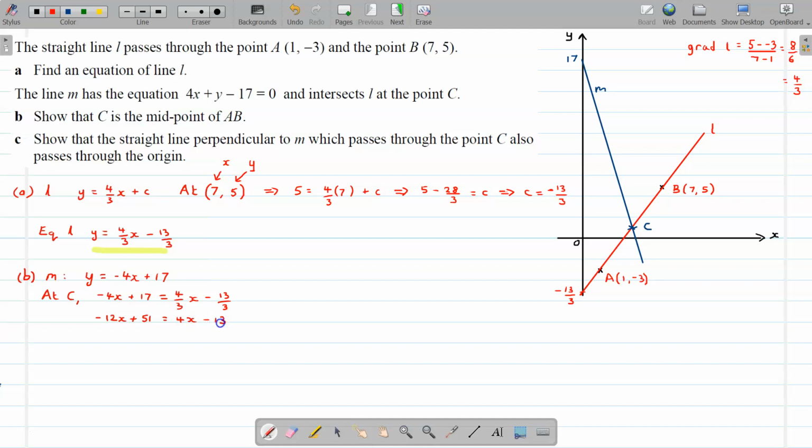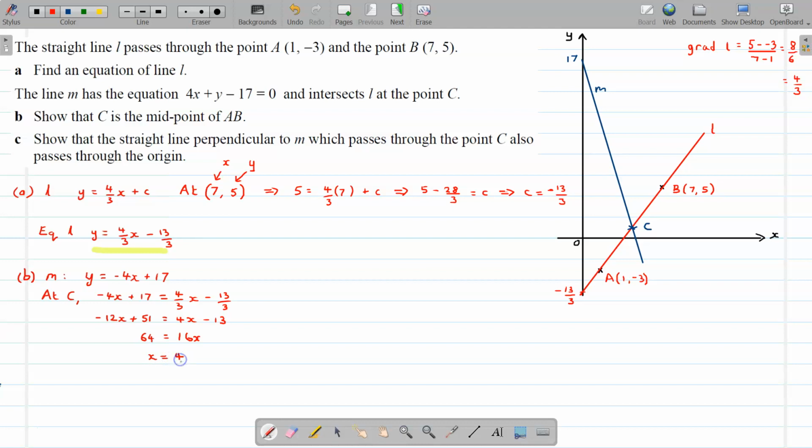No fractions to worry about. Now, if I put all the x terms on the right by adding 12x to both sides, that will give me 16x. And if I add 13 to both sides, it will give me 64 when I add that to the 51. Well, if 64 is 16x, then it means that x must equal 4.